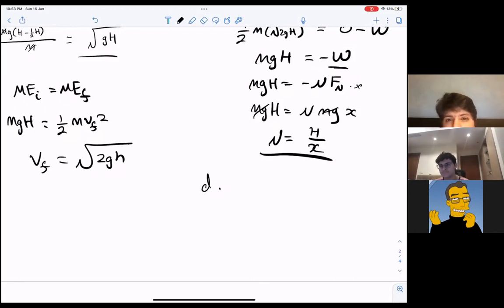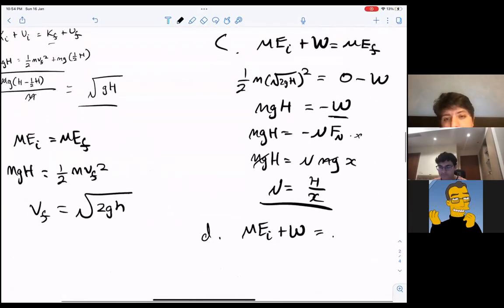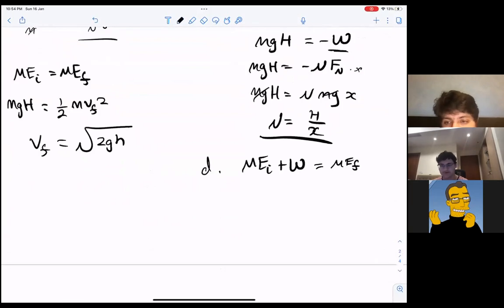So I would say it's going to be initial mechanical energy plus work, which is negative, equal to the final kinetic energy, which would still be zero, right? Yeah, because in this question, it's still stopping once it reaches the end. But there is potential energy, therefore we have to say mgy. Or if you're writing ME initial, let's just finish this off with ME final and then break that down again, so it's more uniform.